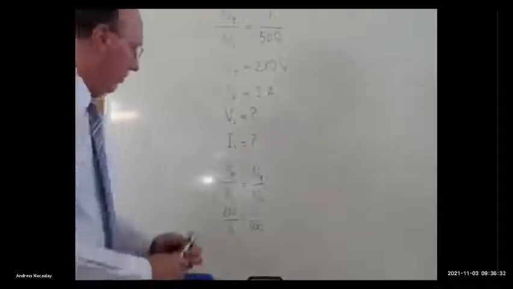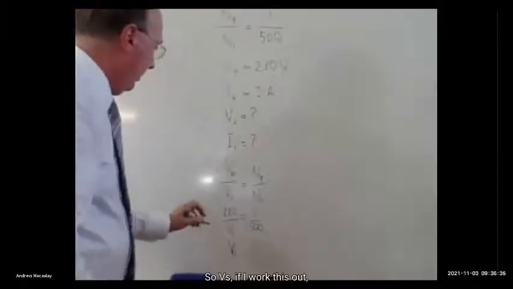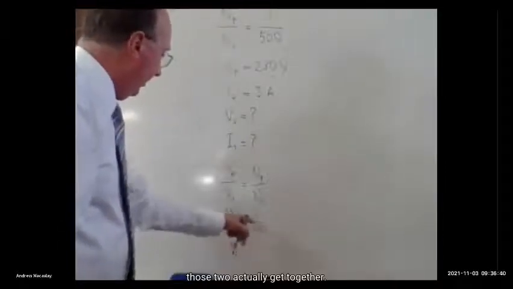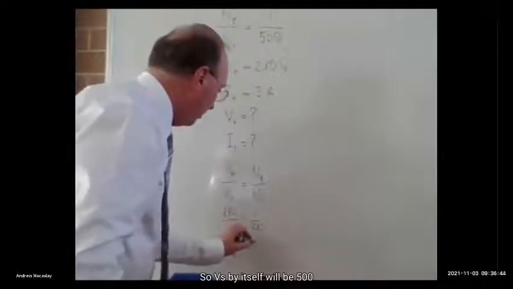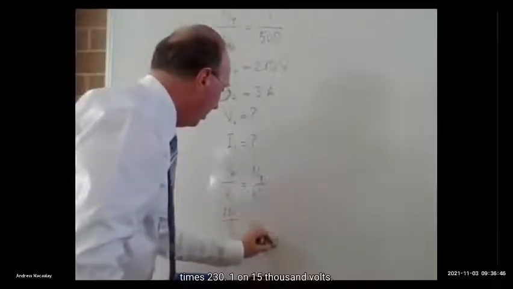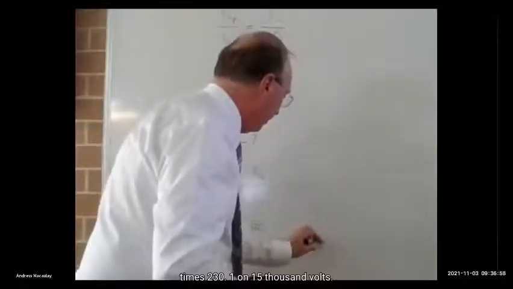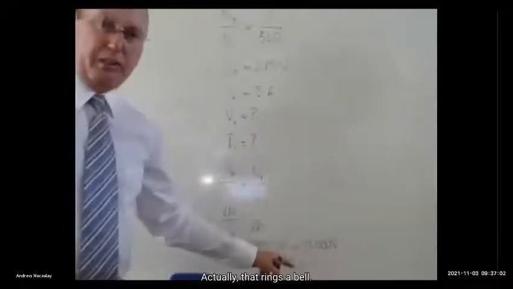So VS, if I work this out, those two will get together. VS by itself will be 500 times 230, which is 115,000 volts, 115 kilovolts. Actually, that rings a bell.